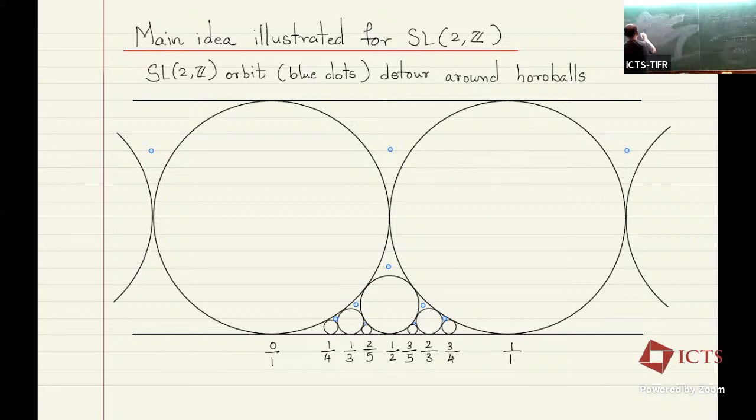So by Schwarz-Milnor, SL2Z is quasi-isometric (QI) to this space.